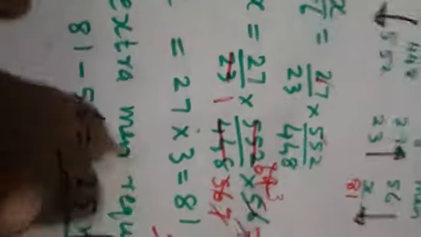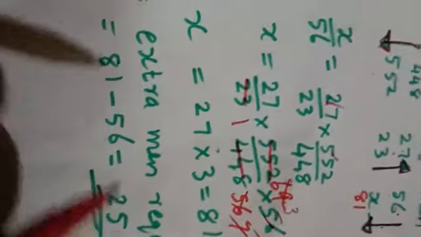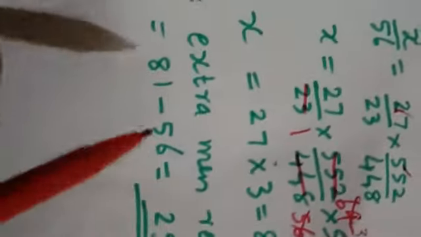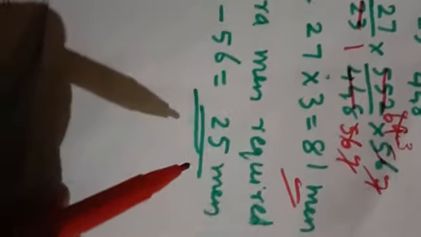So how many more men is our question. Extra men required equals 81 minus 56. If they are asking how many more men, you subtract: 81 minus 56 is 25 men.